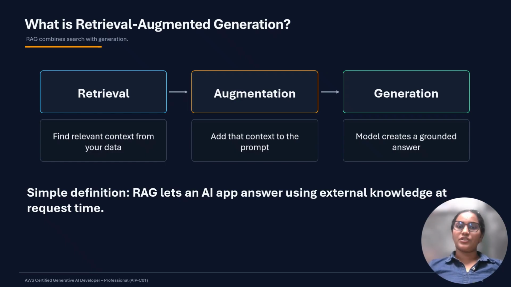And generation, which means the foundation model uses that context to create the final response. A simple way to say it is: RAG lets an AI application answer using external knowledge at request time. It does not require retraining the foundation model every time the document changes.